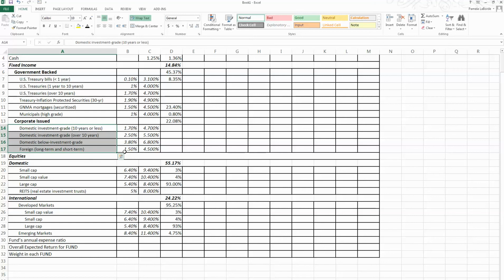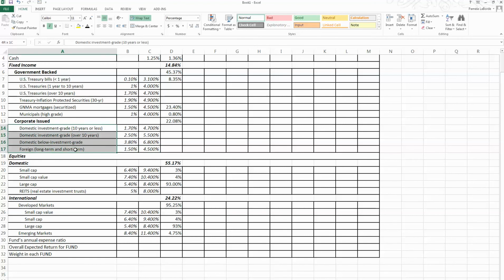And investment grade is divided into short term, which they classify as 10 years or less, or long term, which is over 10 years. And then all the foreign bonds, they only came up with one expected return for foreign bonds, lumping high quality and low quality and long term and short term foreign bonds into one single estimate.